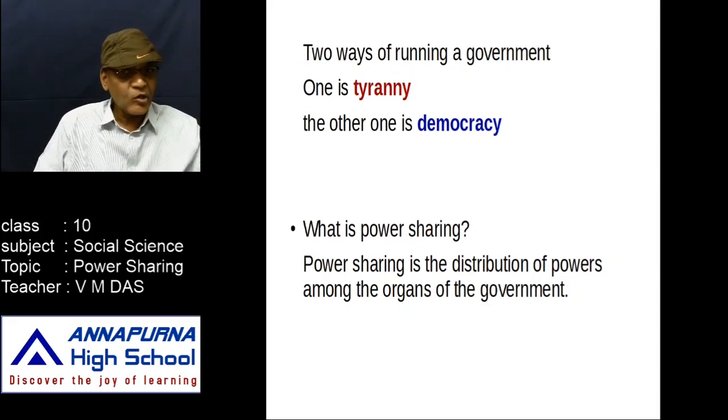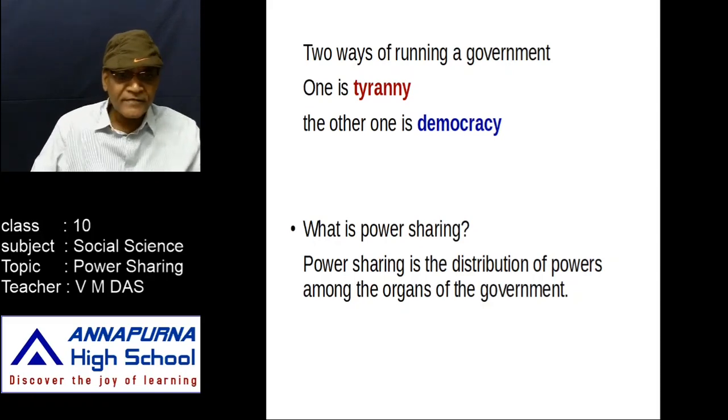They enjoy all their rights, and the constitution gives them the rights, and there is a constitutional safeguard for the rights of the people. That's why today many nations are opting for democracy, and so many tyrannical countries have turned into democratic countries today.